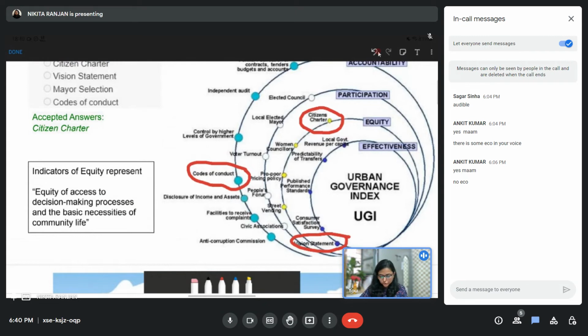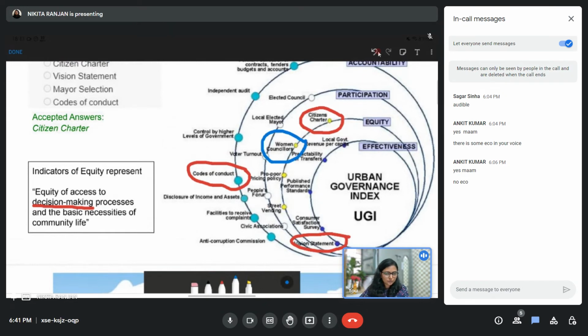If you see the term equitable decision making process, and you see here under equity, women counselors.